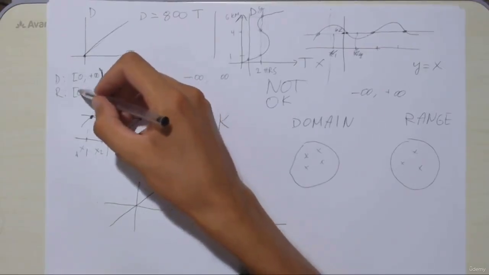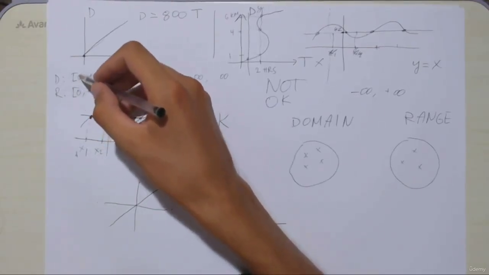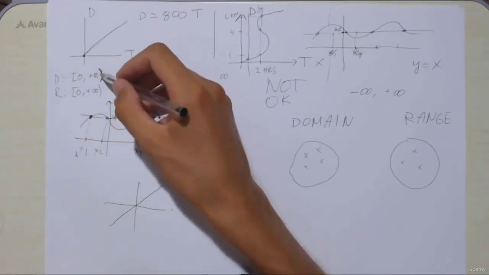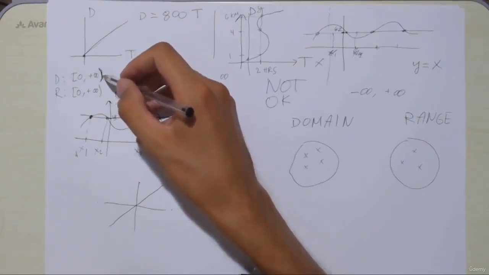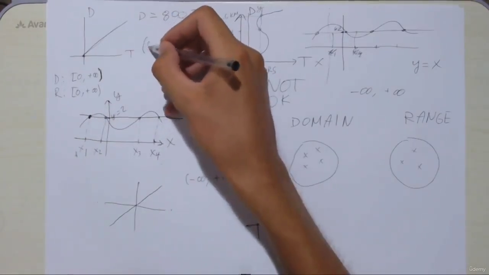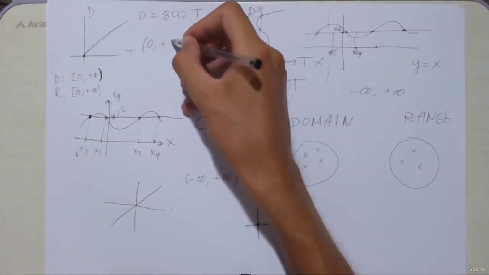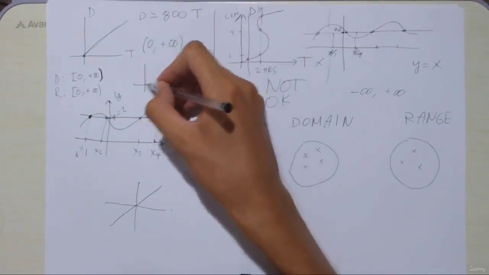And by the way, when we have this bracket, then that means included. That means 0 is included. A parenthesis means not included. So infinity nor minus infinity, they are never included. If I had written it like this, 0 to plus infinity, then the function would look something like this.